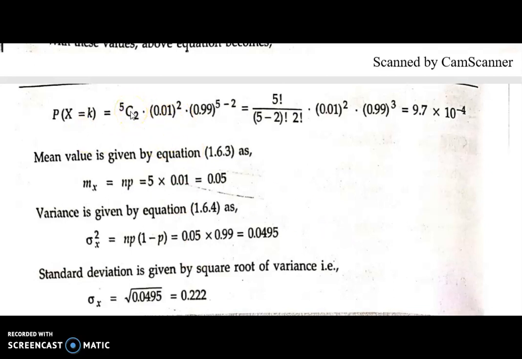Here, I just want to make a note. In the previous exercise I showed you a different notation for finding the probability, where I wrote 5 in round brackets, 5 2, which is nothing but 5C2, the combination. Which is 5 factorial divided by 5 minus 2 factorial into 2 factorial.